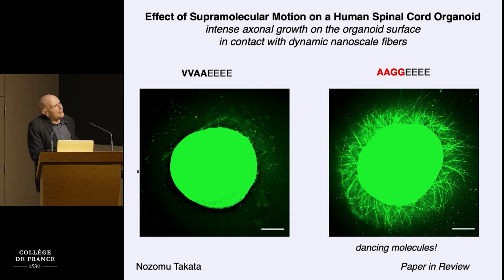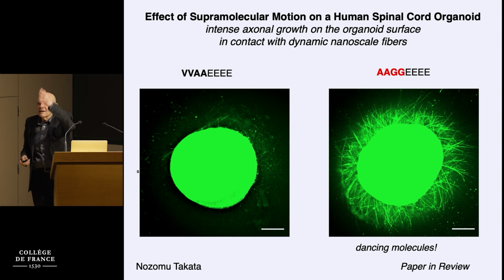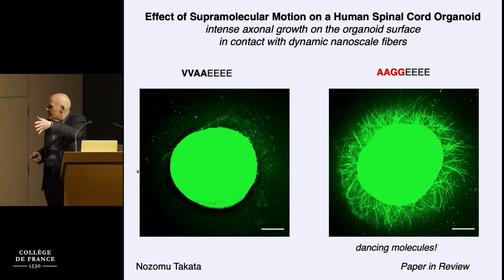This is interesting, and hopefully this paper will be accepted soon. These are human spinal cord organoids that we grow in our lab, and they're very large because we are doing injuries of the human spinal cord organoids.